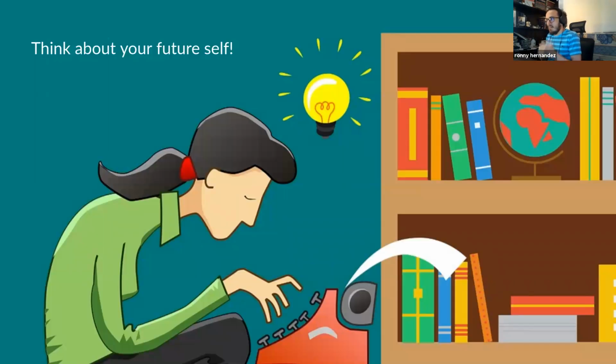Another idea here is to try to think about using these tools because of your future self. Sometimes we are not very explicit in our code, because we are thinking, okay, I know the name of this data set, I know the names of the variables, and so on and so forth. But then we start another project, and we leave that first project aside.